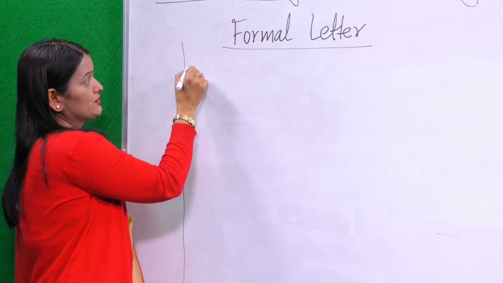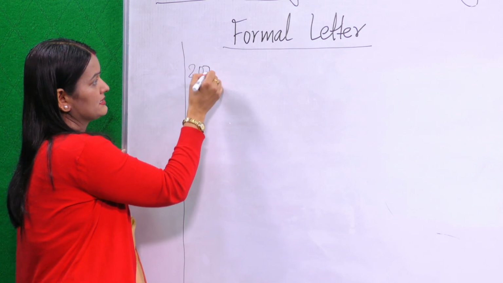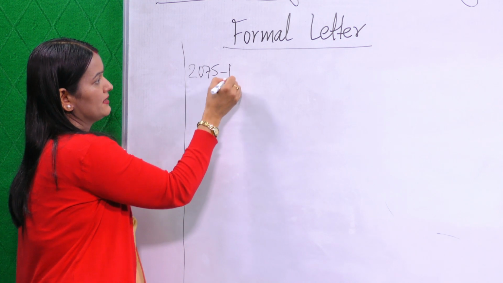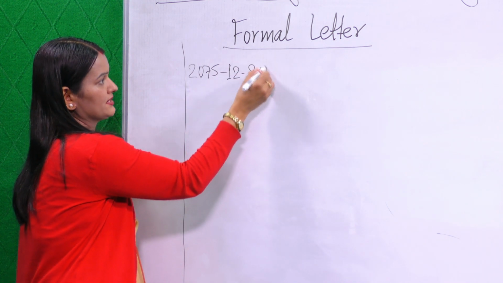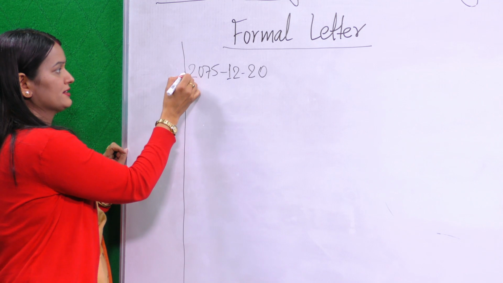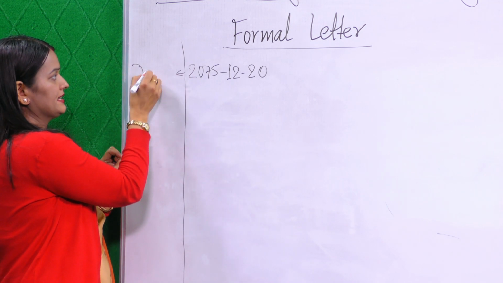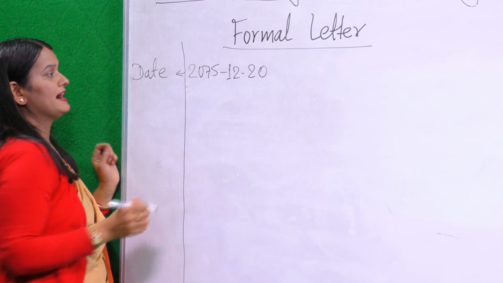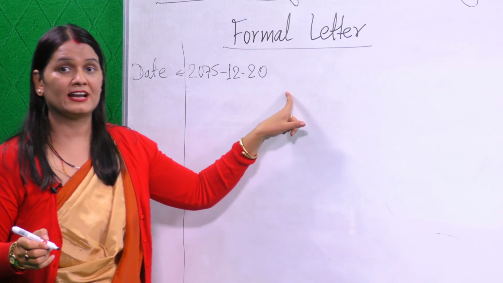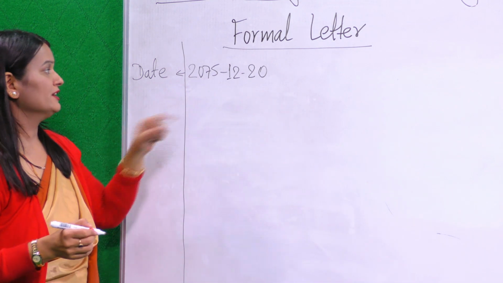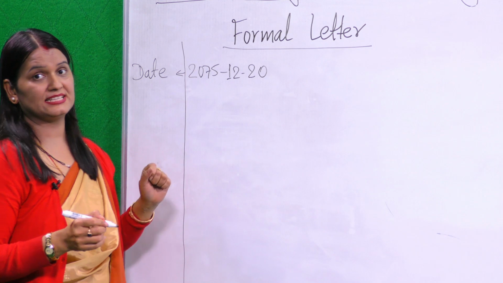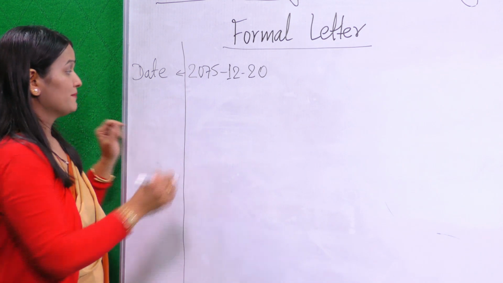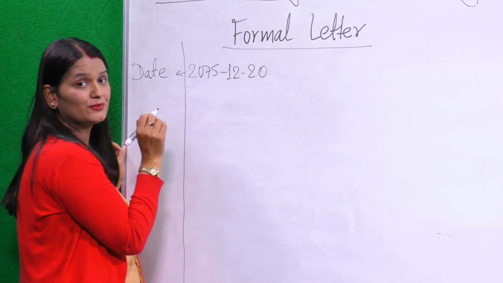Today is 2075, 12 and 20. This is the date. You have written the date first. Now you will leave 1 line space here. Then, to whom you are addressing this letter, you will write that person's post.